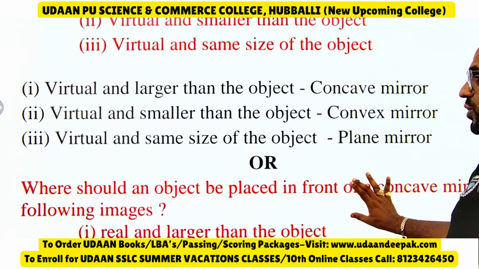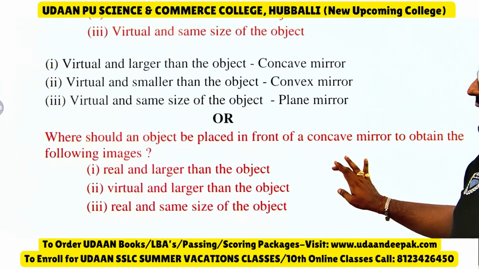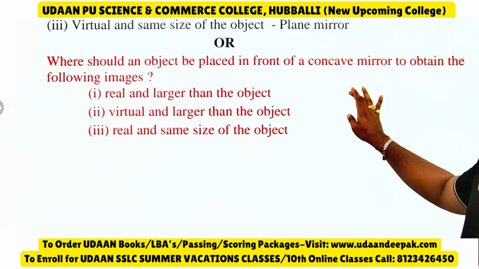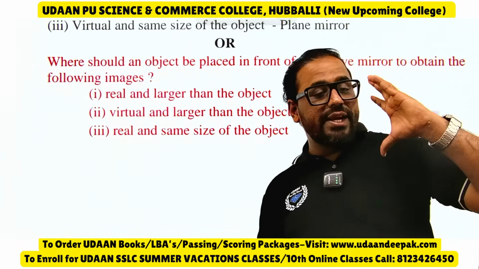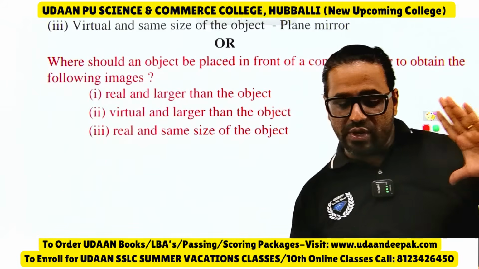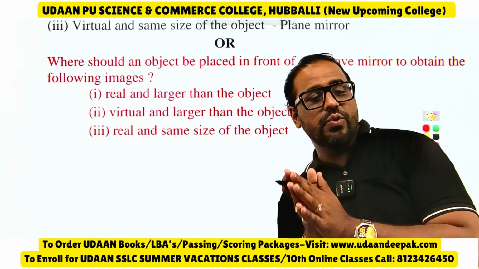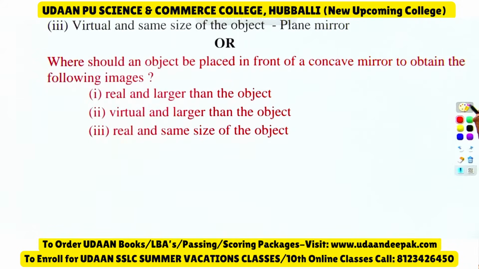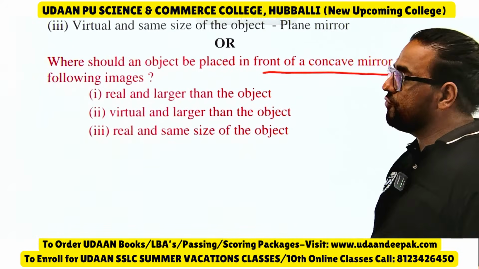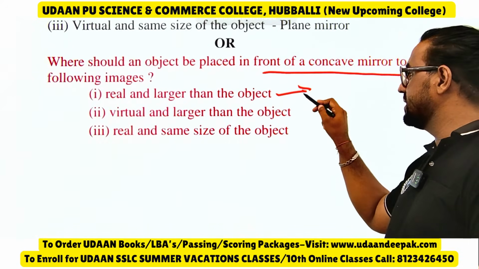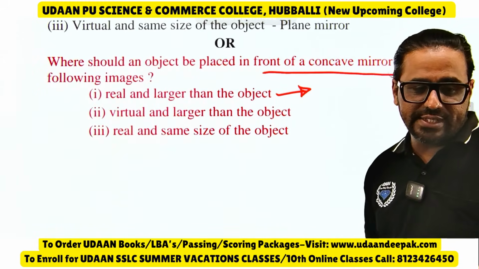So like this you should know where an object should be placed. If you are very good with the ray diagram, I expect you to tell me the answer for this one. Where should the object be placed in front of a concave mirror so that the image is real and larger than the object? Tell me in the comment section.